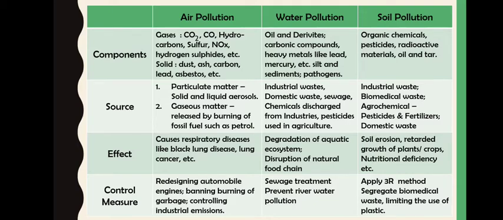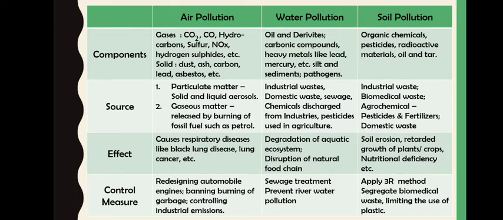It causes respiratory diseases, like black lung disease or lung cancer. How can you control it? Redesign automobile engines, ban the burning of garbage, and control industrial emissions, because industries emit smoke and many harmful gases into the air.